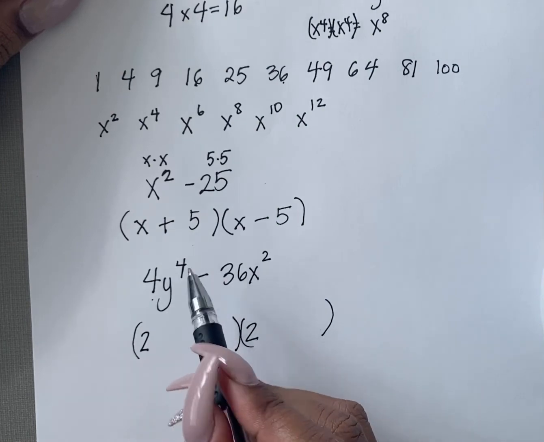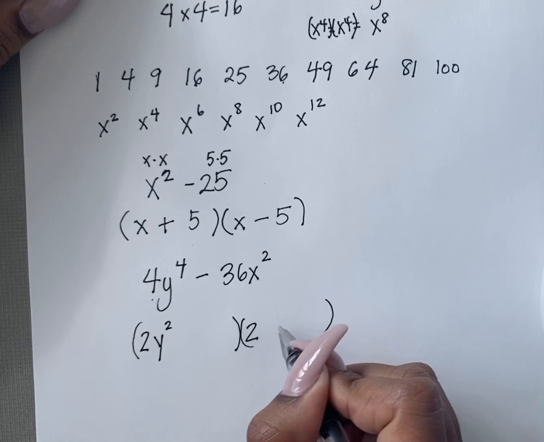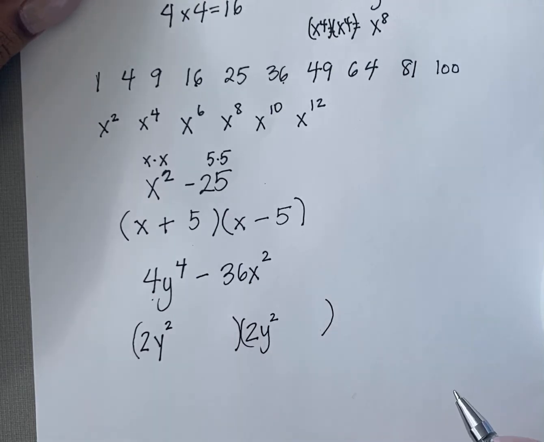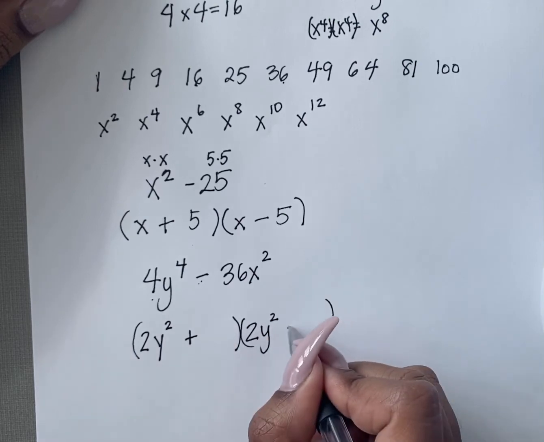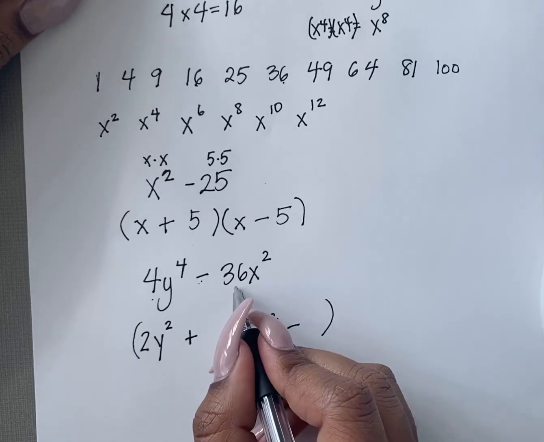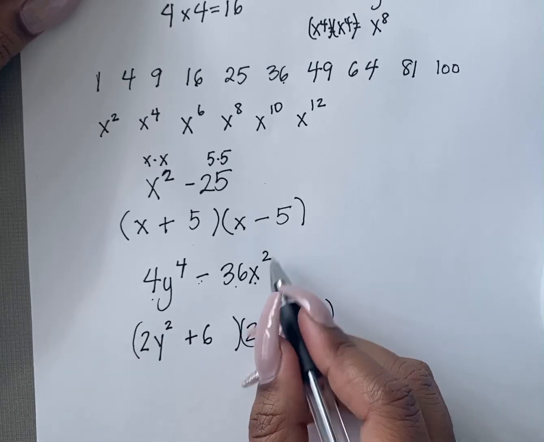For y to the fourth, y squared times y squared gives me y to the fourth. The subtraction is here, so one gets a plus and one gets a minus. What gives me 36? 6 and 6. And what gives me x squared? x and x.